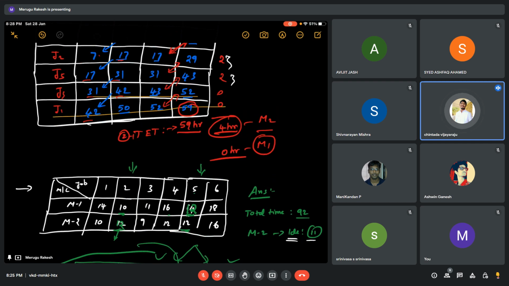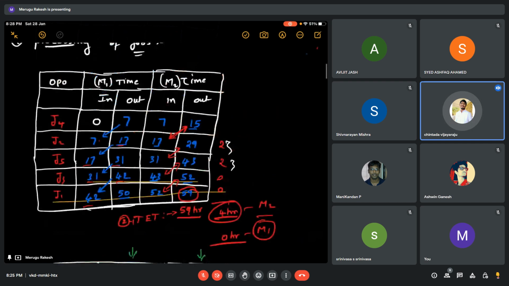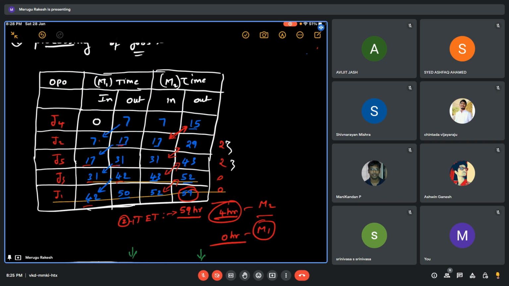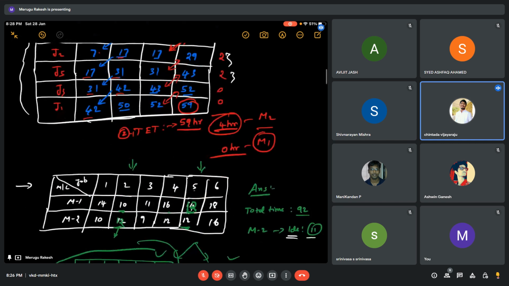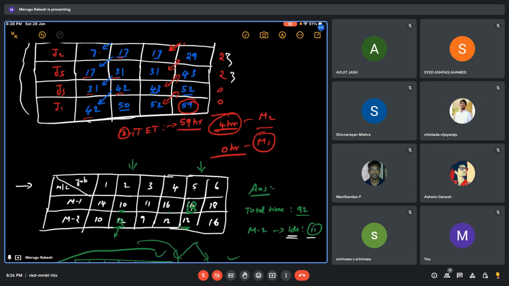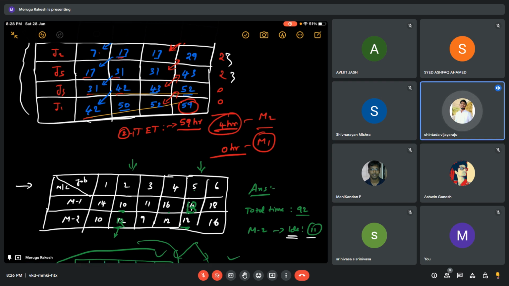In the Johnson sequence, the first job is ordered by 2. This is the Johnson sequence. Even for the homework problem, the same thing happens. So you are getting some 10 minutes delay for machine 1. After machine A works for 10 minutes, then machine B is started.